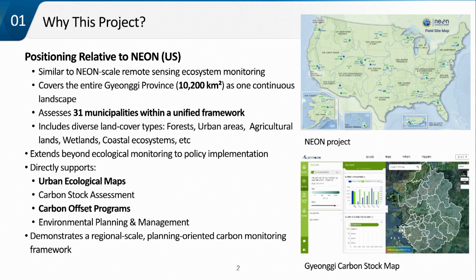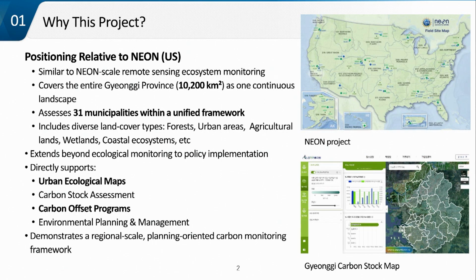Is it correct? In this project, we include various ecosystems: forests, urban areas, agricultural lands, wetlands, coastal ecosystems, and so on. But our site covers more than 10,000 square kilometers as one continuous landscape and across 31 municipal governments.